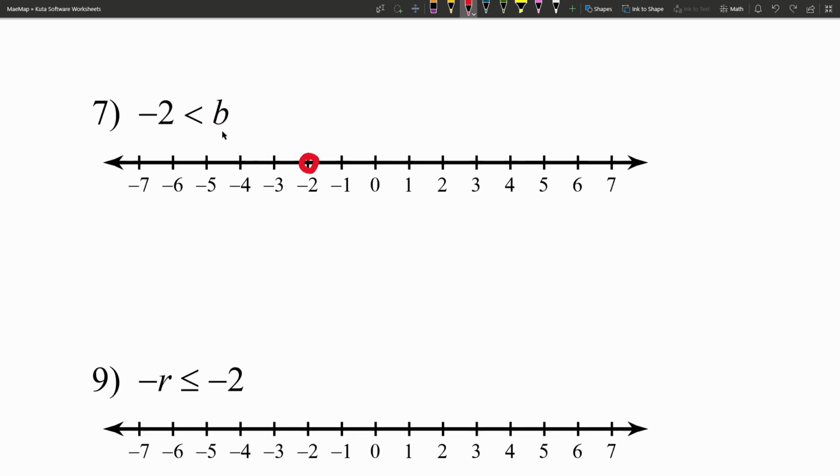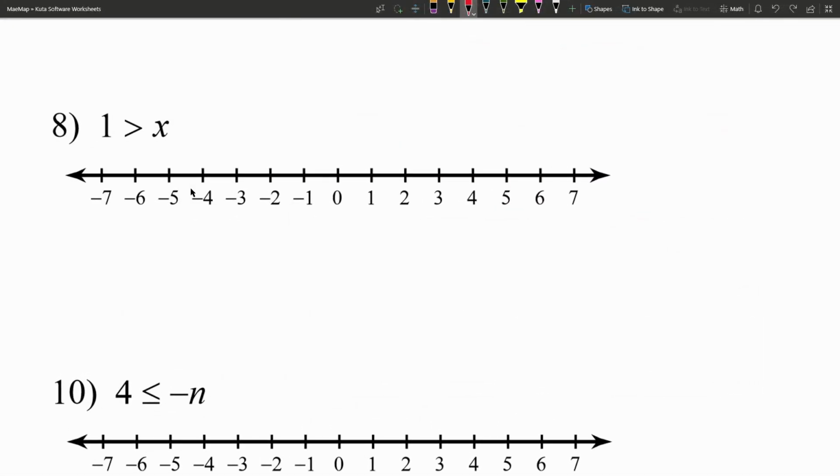So because b is larger than that -2 is less than b, we know that b is going to be values that are larger. So b can be all the values to the right of -2. So if we were to plug in 0, 0 is indeed bigger than -2, or reading it, -2 is less than 0. Let's move on to number 8.